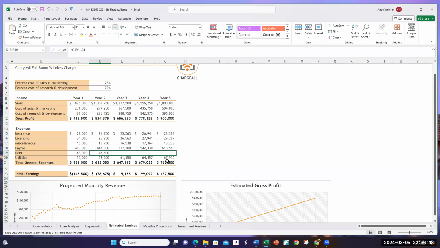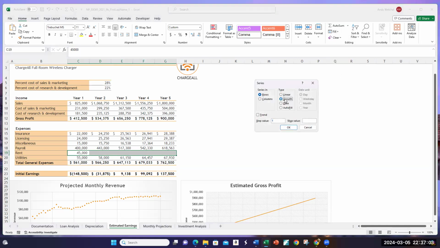And I keep going across and I get exactly the right numbers, but it wants you to use the functionality of Excel. So what we do here, I believe, is we select all of this, Fill, Series, Growth, Trend.